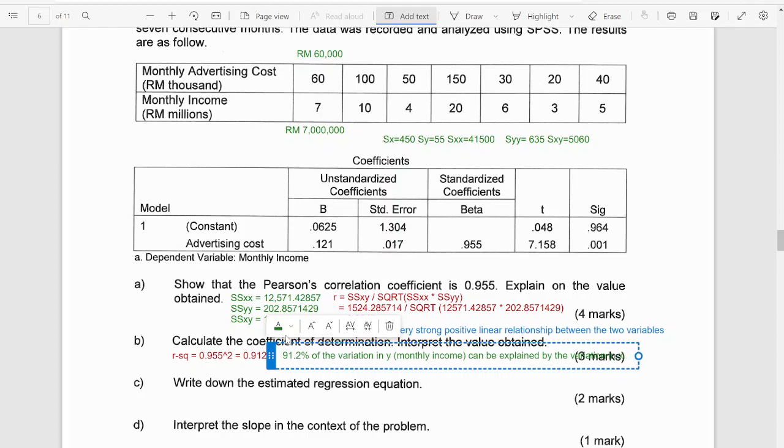So what is x over here? So x is advertising cost. Okay, advertising cost.